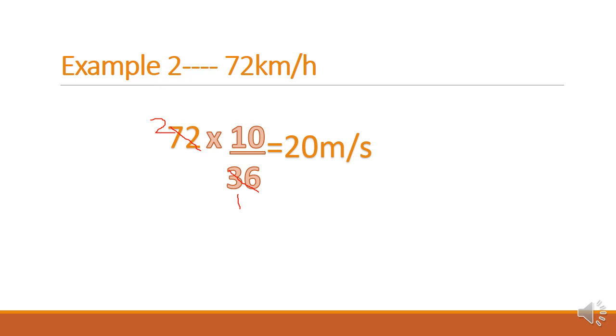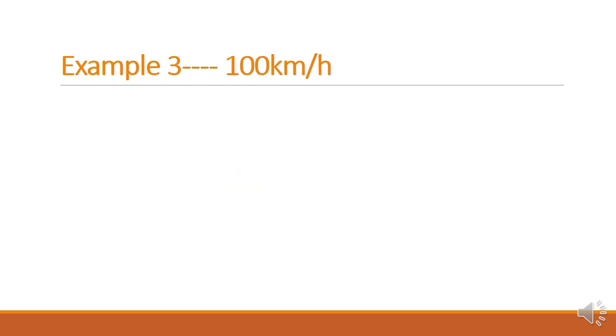Where will we be using it? We'll be using it in the coming numericals, where the numericals will consist of acceleration and many other things. This will be just a small part of it, to convert into the standard units. Let us have a look at one more example. 100 km per hour, I want to convert it into meter per second. Same procedure applies. We will be multiplying it by 10 upon 36.